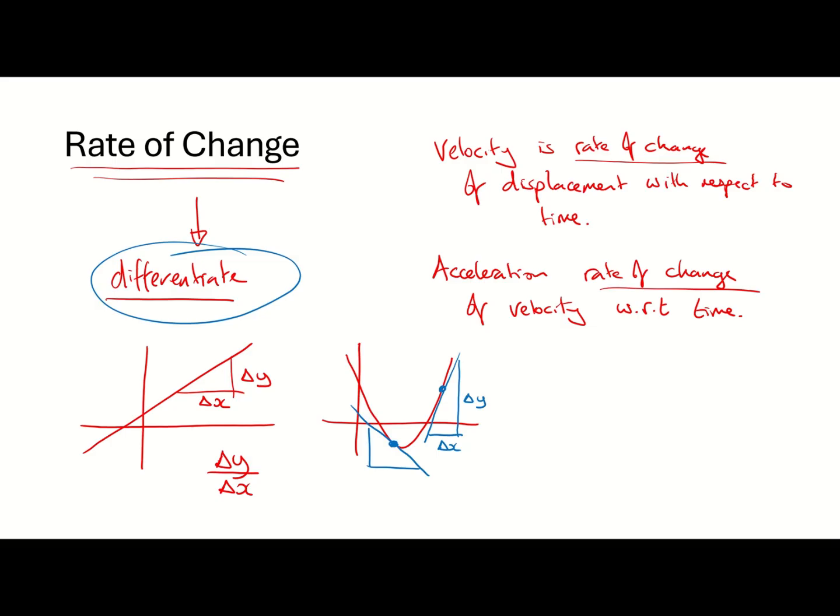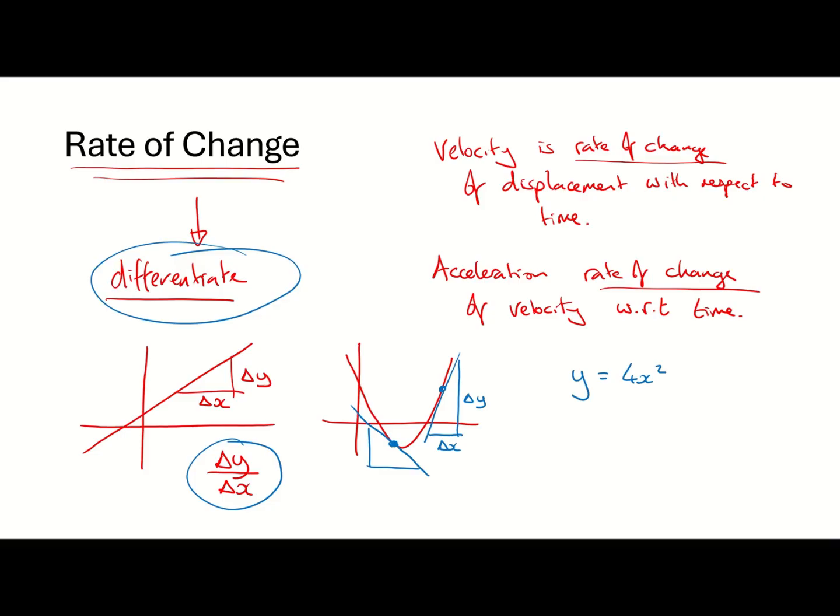So how do we differentiate something? Let's, for example, go back to y's and x's. Let's say we've got y is equal to 4x squared. How can I work out some sort of relationship to do with the gradient? Well, for a straight line, to work out the gradient, we did the change in y over the change in x.